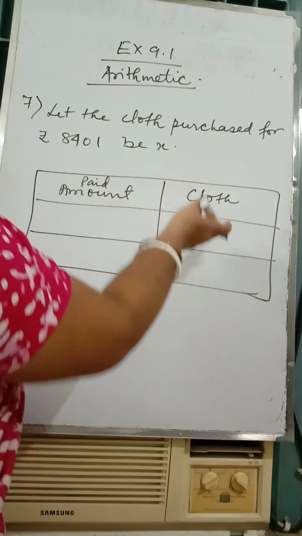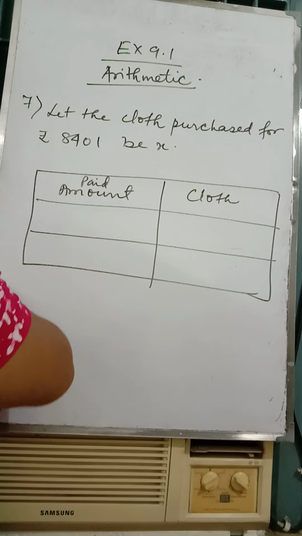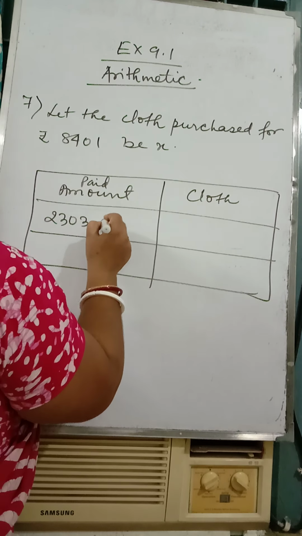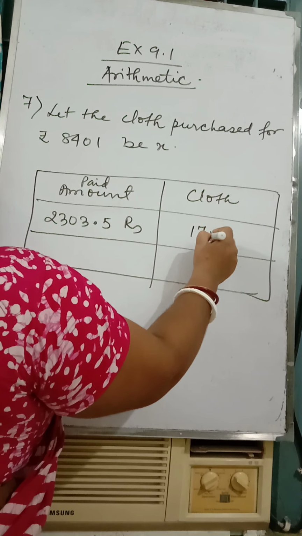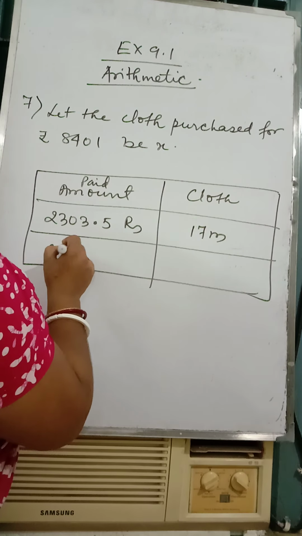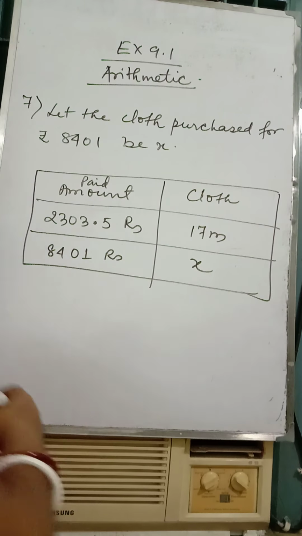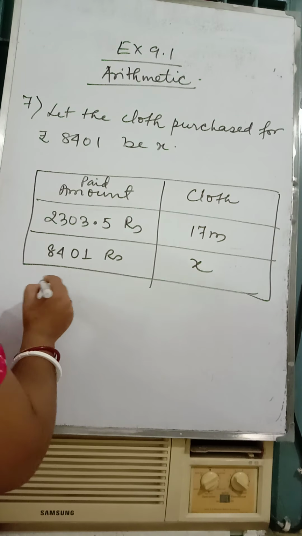You can write the amount on any side, it doesn't matter. You can write cloth this side, paid amount that side, it's the same thing. ₹2303.5, she purchased 17 meters. Now ₹8401, she purchased X. Now it's a simple, same thing.